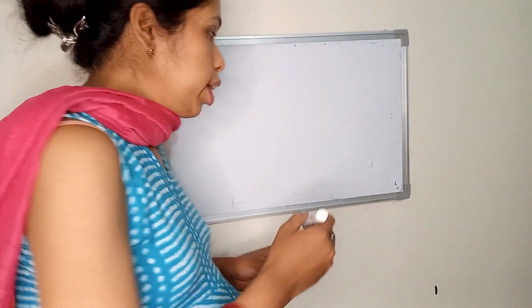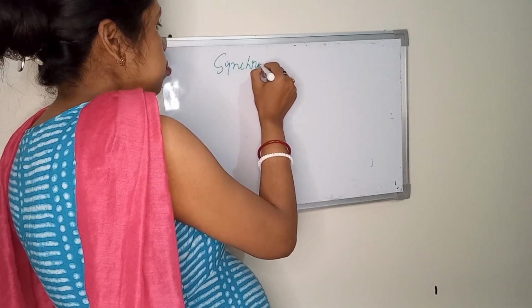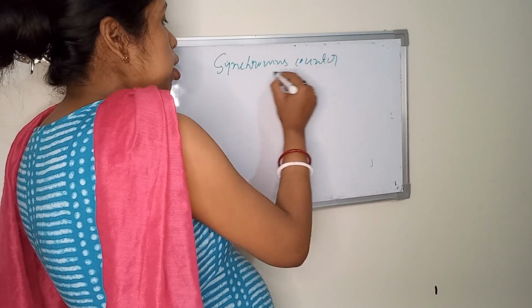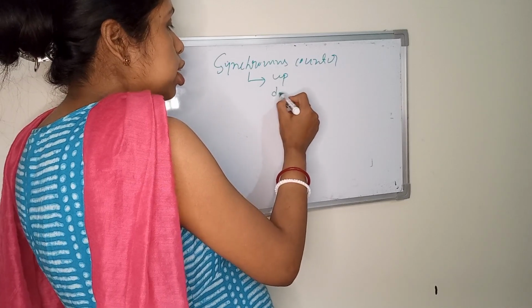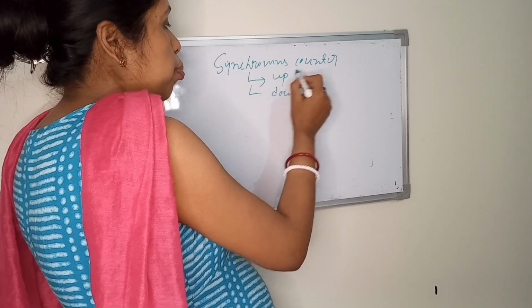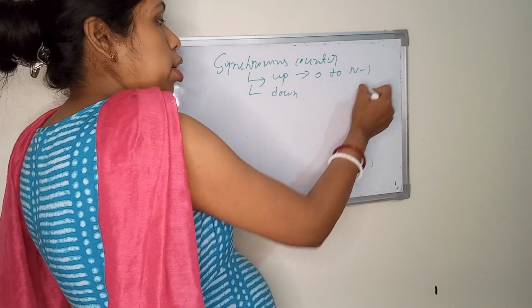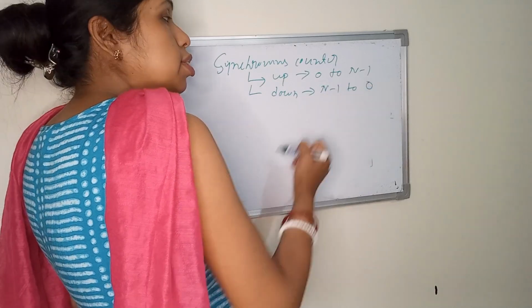Okay, so here, synchronous counter. There are two types: one is the up counter and the other is the down counter. Up counter counts the numbers from 0 to n minus 1, and down counter counts the numbers from n minus 1 to 0.